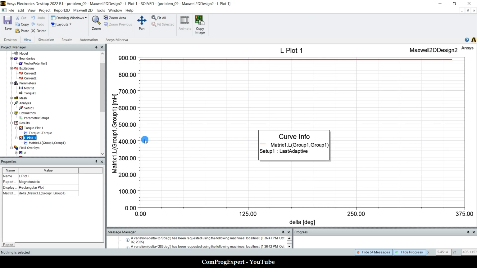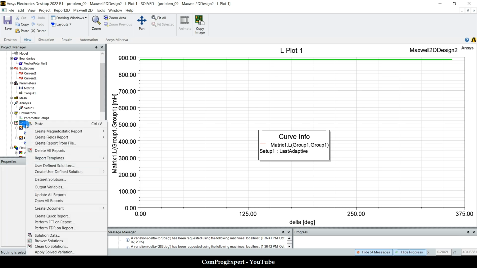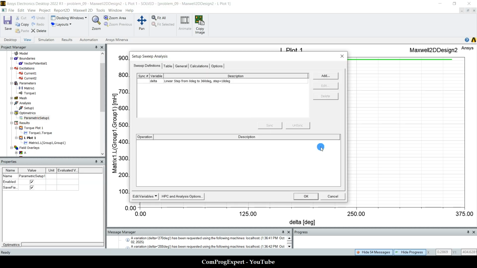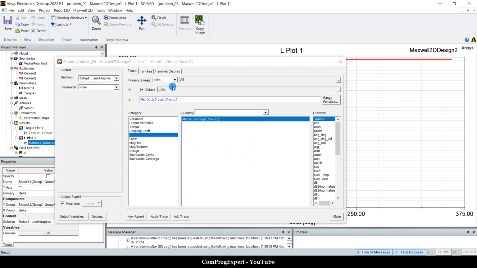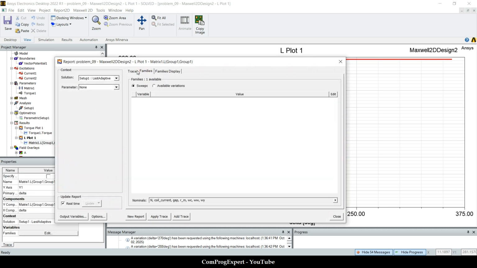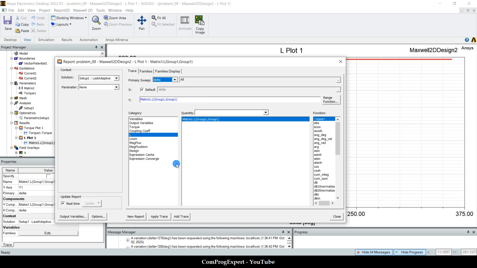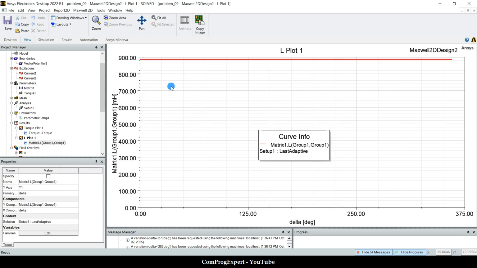This is the value of the inductance. So let me check the variation of the inductance. Yes, this is for the new solution, variation versus delta.